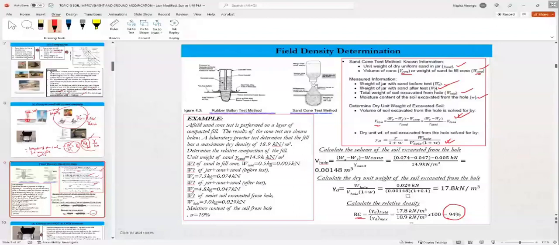If the place is well compacted... because you are compacting only probably 9-inch lifts, but then there could be loose soil down here, right?